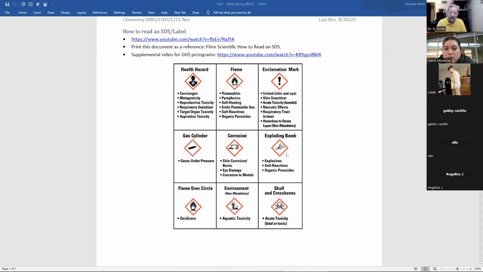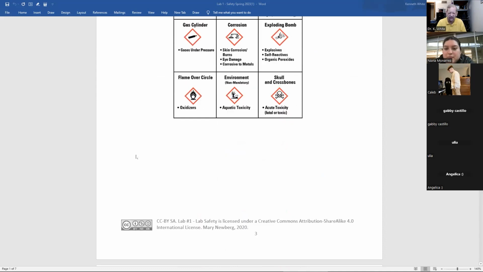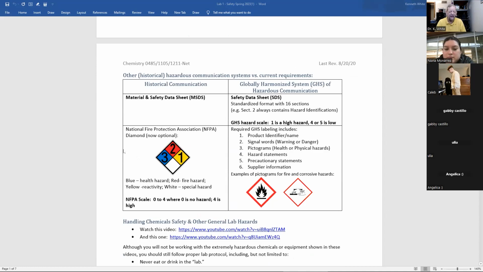By the way, we're not doing anything that will explode, or gas cylinders, or oxidizers. Now, on an MSDS or SDS, they're essentially the same. We have the National Fire Protection Association diamond, and notice they have the numbers.